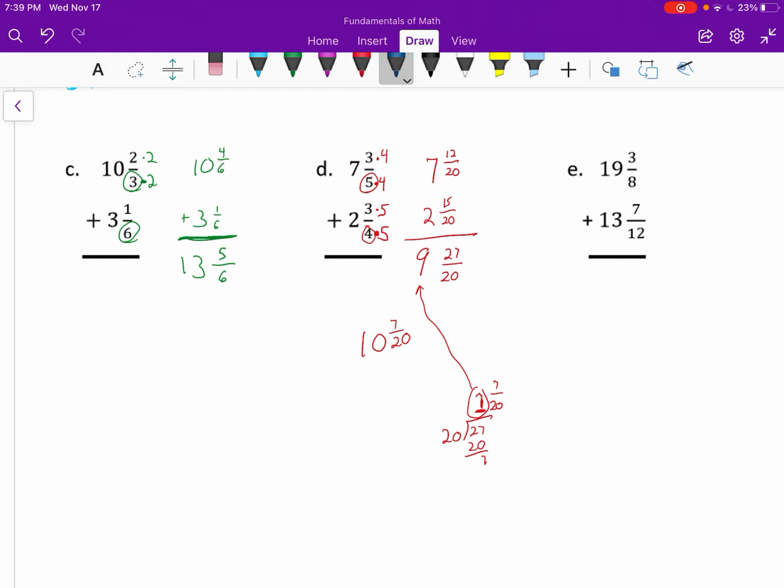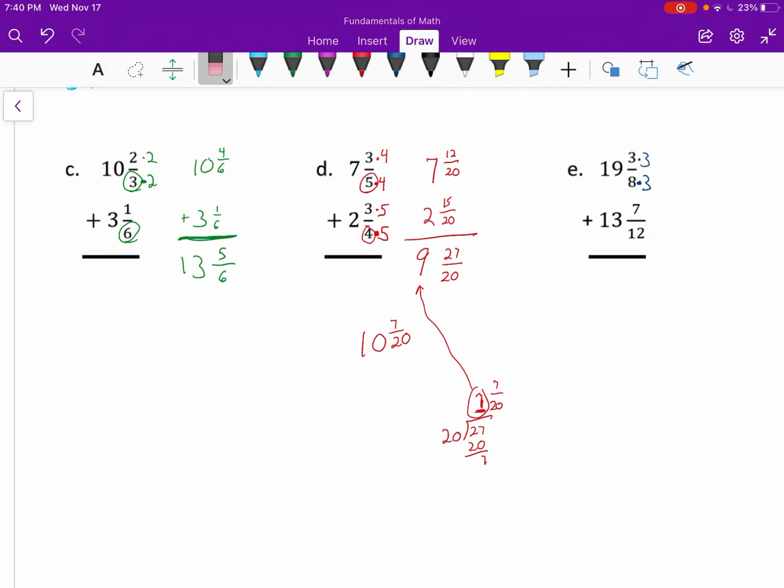Last one here for adding mixed numbers. 19 and 3/8 plus 13 and 7/12. We need to find a common multiple of 8 and 12. Well, let's count by 12s. 12, 24, and already we're at 24, which 8 does go into 24. So 8 times 3 gives me 24, so I have to multiply the top by 3 as well.